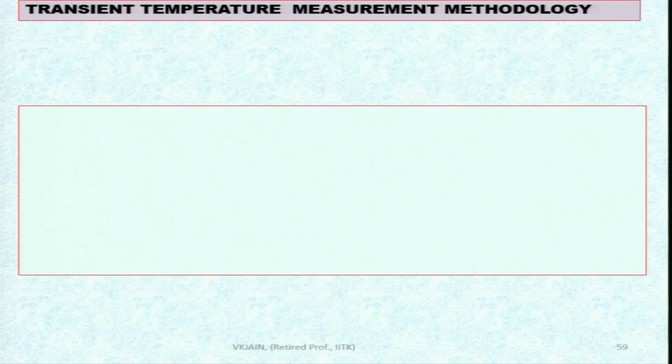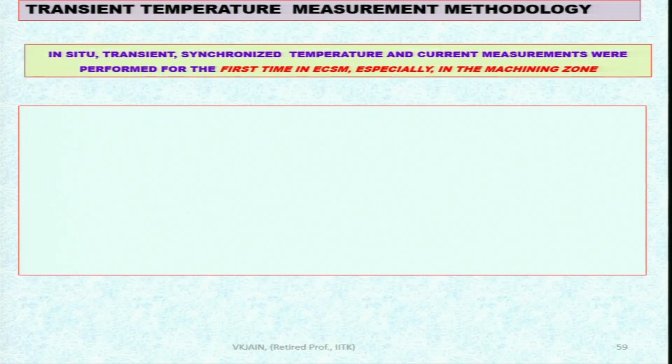This will help us in improving the process later on. In situ transient synchronized temperature and current measurements were performed for the first time in ECSM, especially in the machining zone.